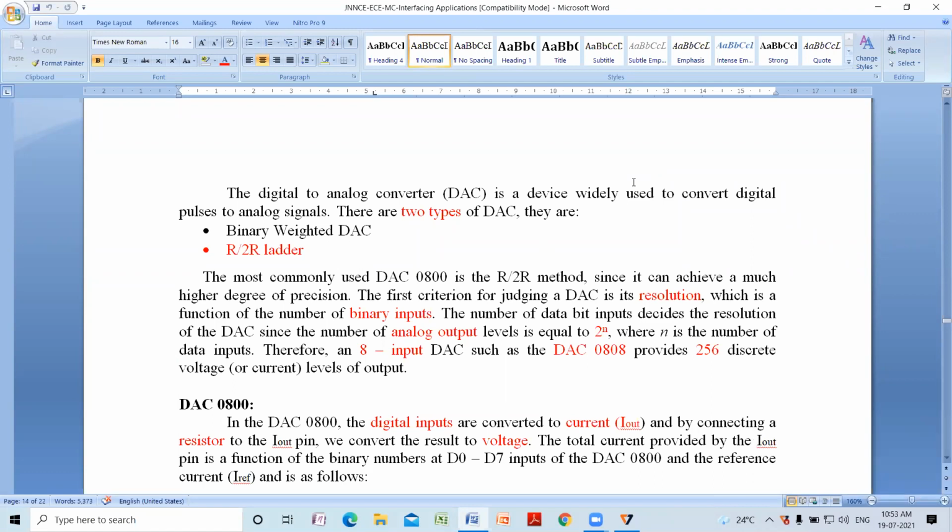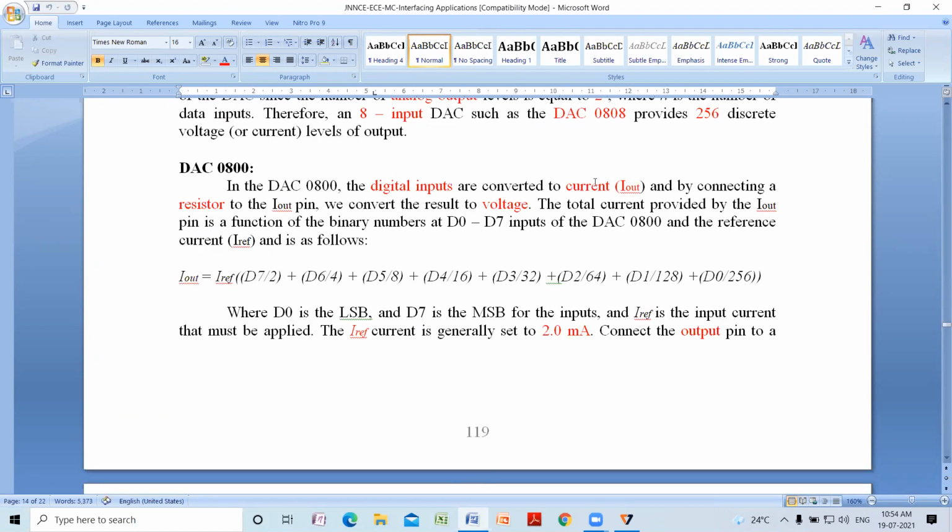Suppose you can give n-bit digital input, you can get 2 power n levels of discrete outputs. Suppose you can give 8-bit input, then you can get 256 levels of discrete current or voltage levels using DAC 0808.